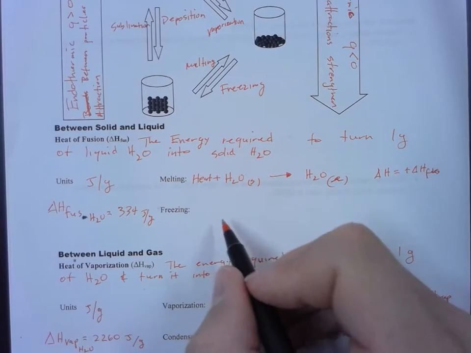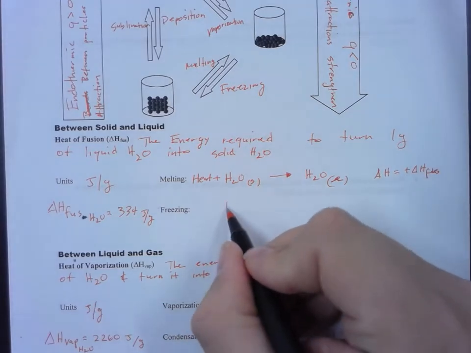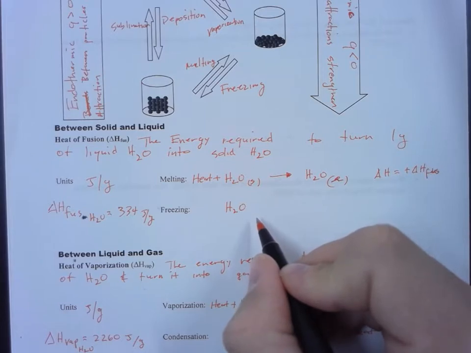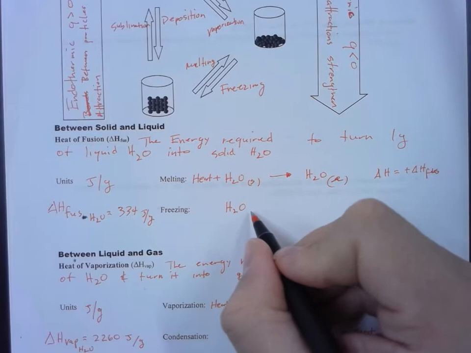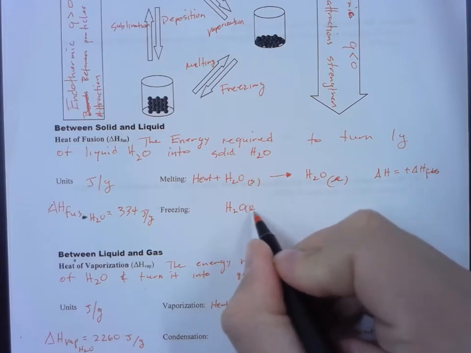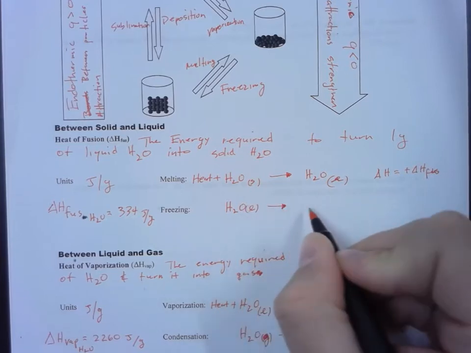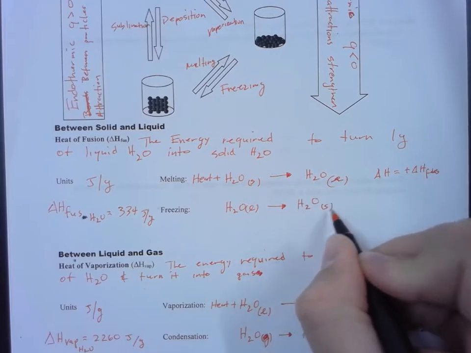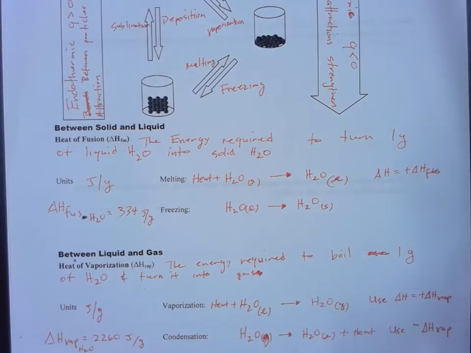Okay, let's look at freezing. In freezing, we've got liquid H2O turns into solid H2O, right? That's a freezing process. Now where do I add heat in this situation?